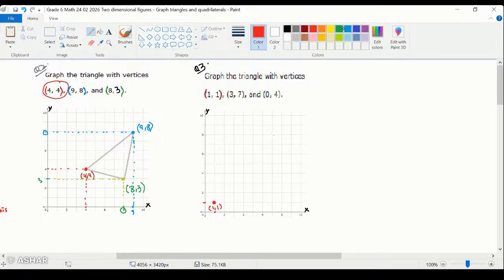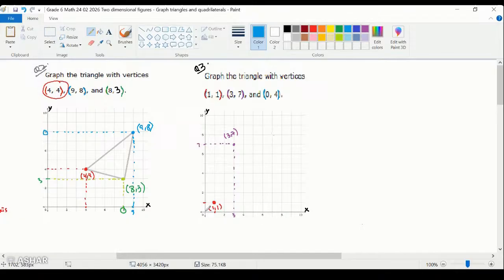Then we have 3, 7. That means 3 on the x-axis, and till where do we go? We go till 7 on the y-axis. So we find this point over here, 3, 7. And the last coordinate was 0, 4.